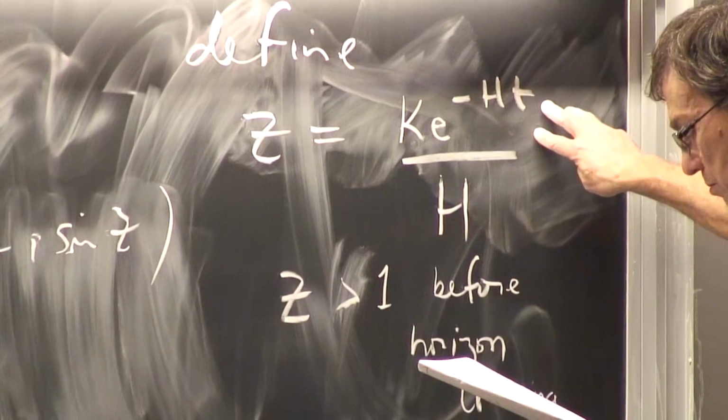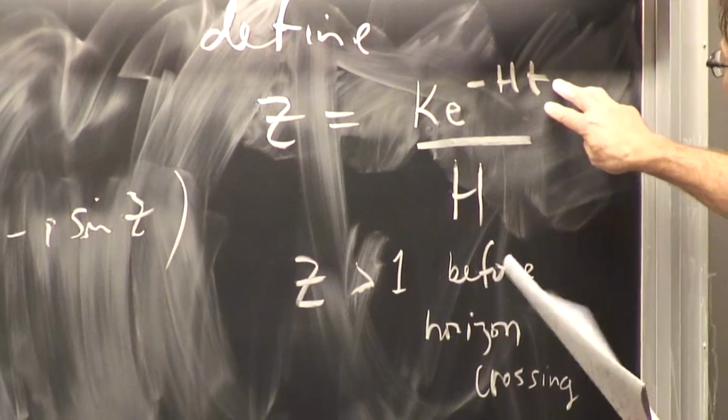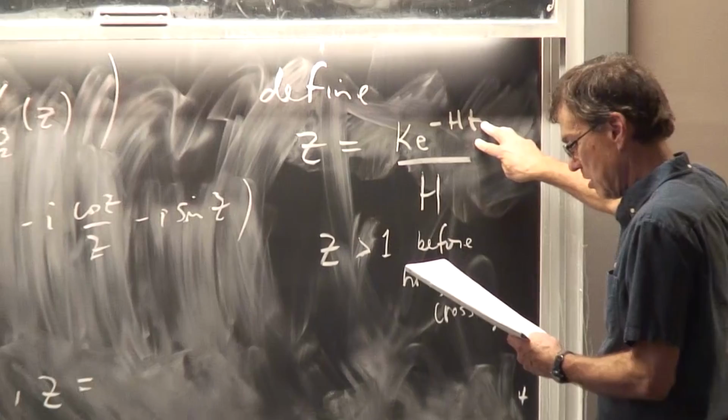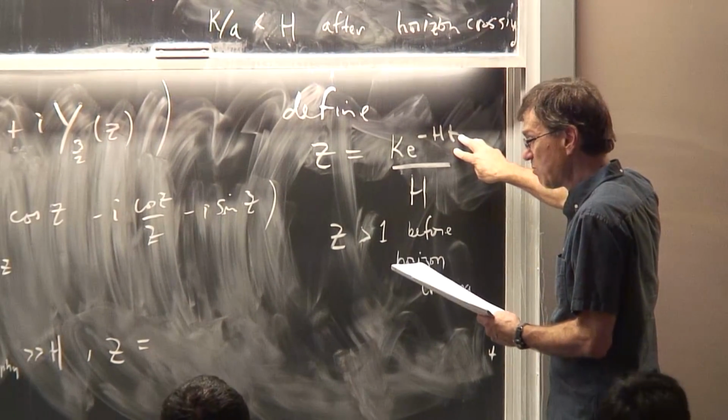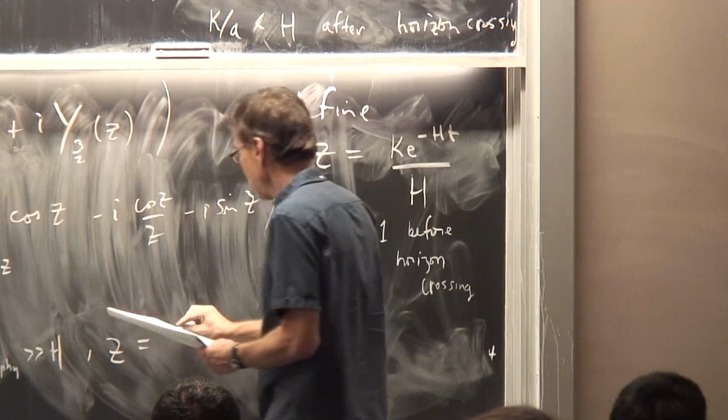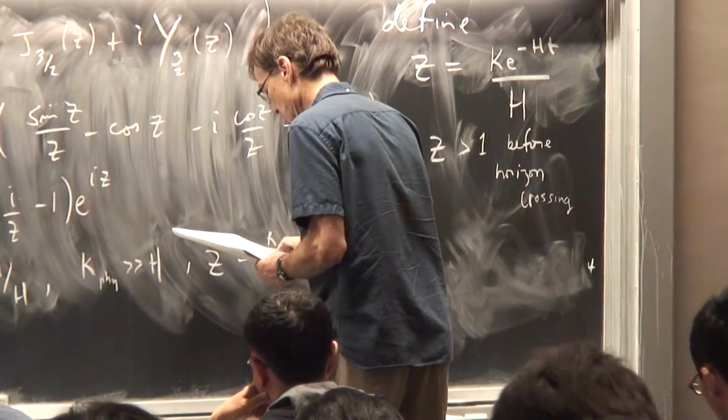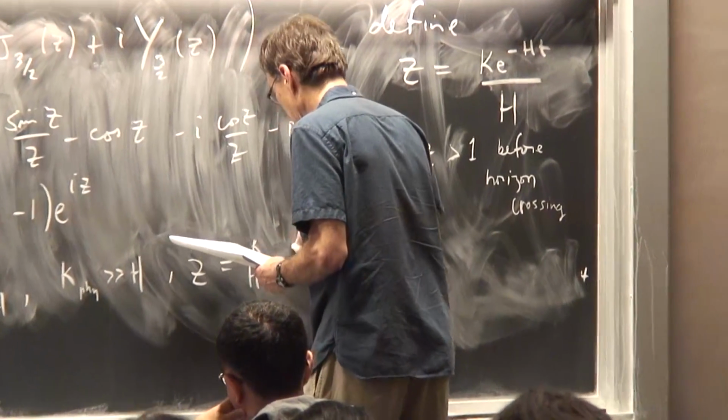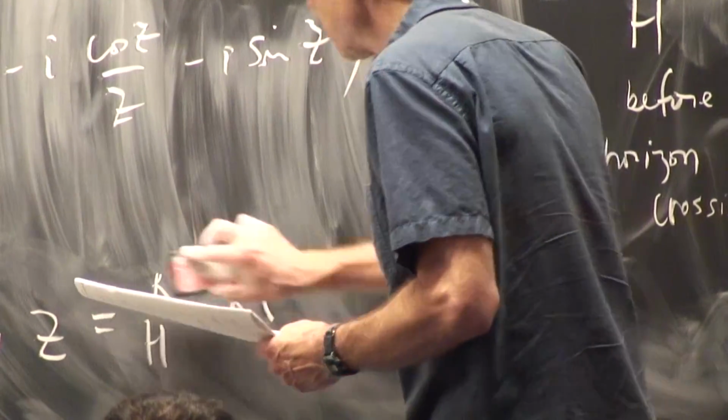for very small times, we can expand the exponential, and then we get z is approximately k over H minus kt.